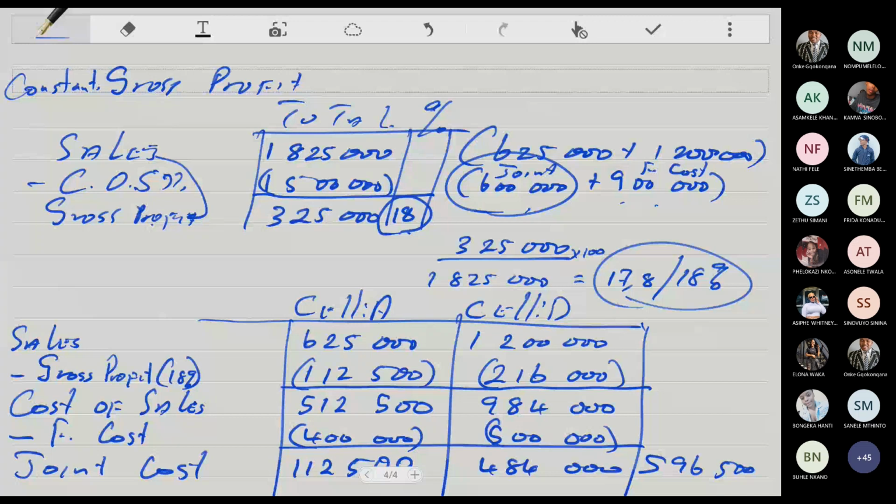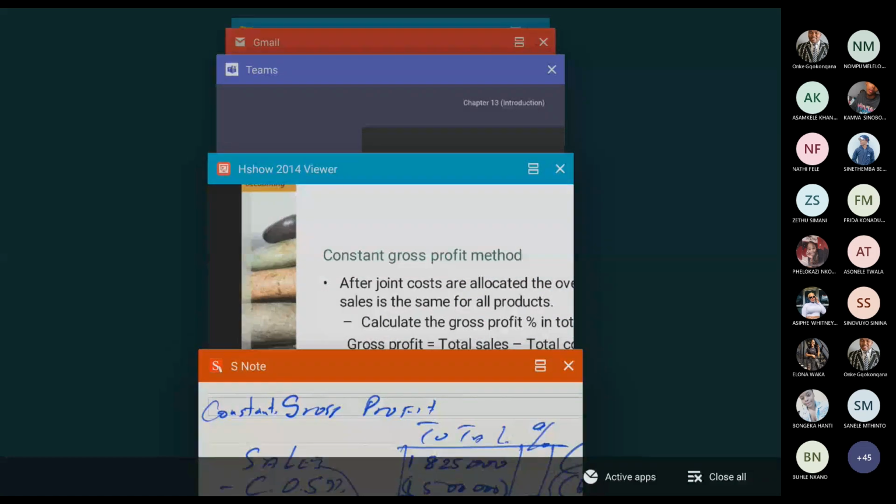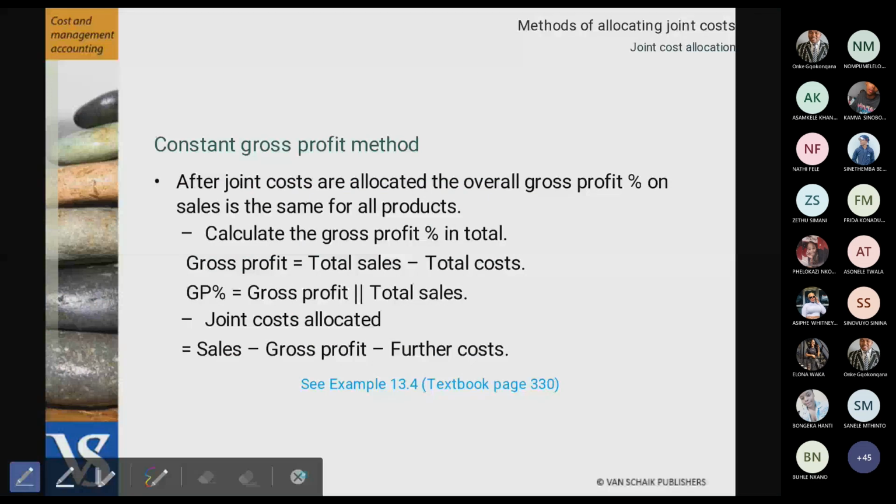But that's how you allocate the joint cost to your main product using the constant gross profit method. So your joint cost will automatically be the last cost that you'll have. These are the four methods that we use to allocate our joint cost to our joint products.